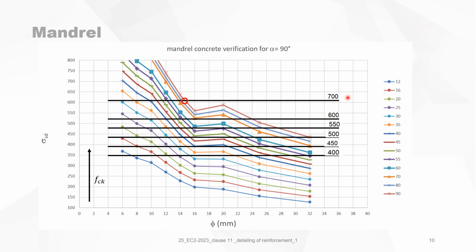We see that for the highest possible concrete grade and the highest possible yield strength, the maximum diameter of the stirrup is 14 millimeters. We use it in full capacity, of course, with the minimum mandrel diameter. When I say the highest possible concrete, in fact, you can still have concrete C100, but it's not on this graph.